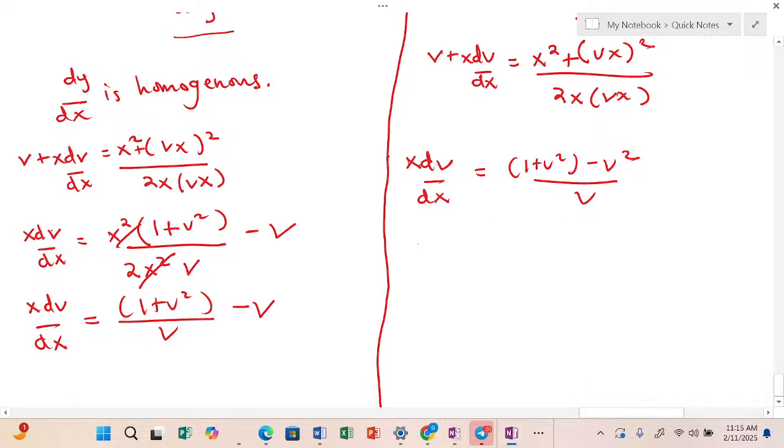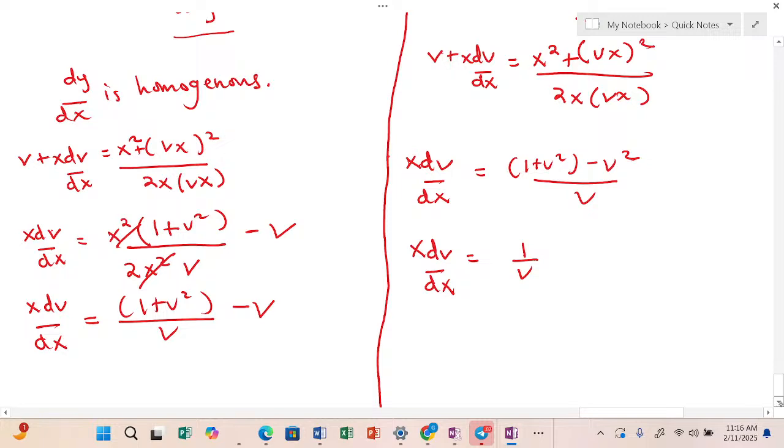And we can see that this gives us x dv/dx is equal to (1 minus v squared) over 2v. So we get this as our expression.